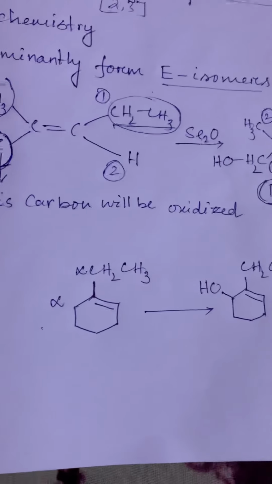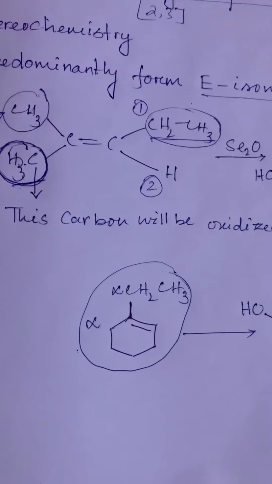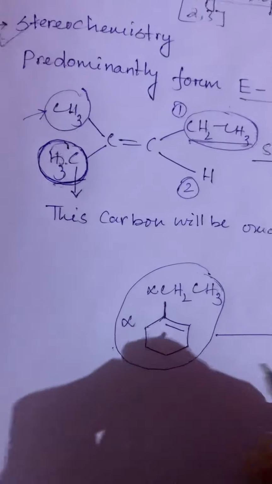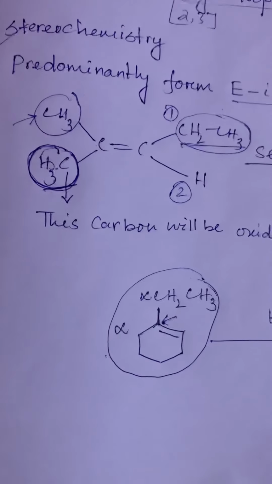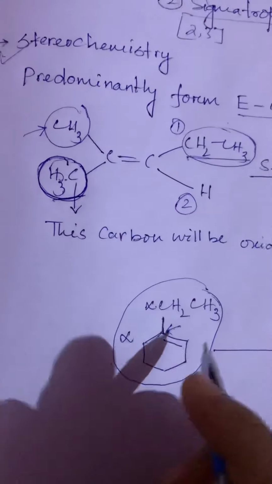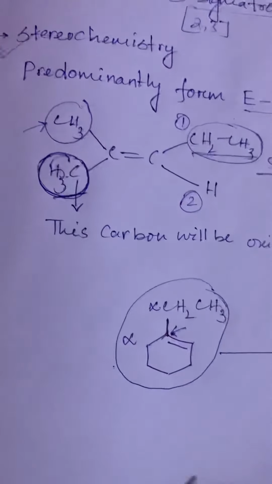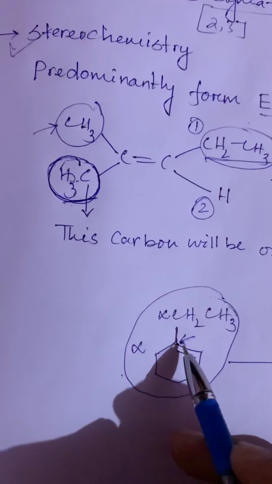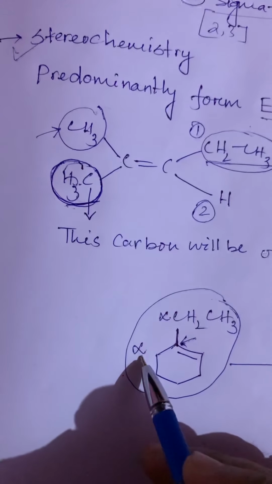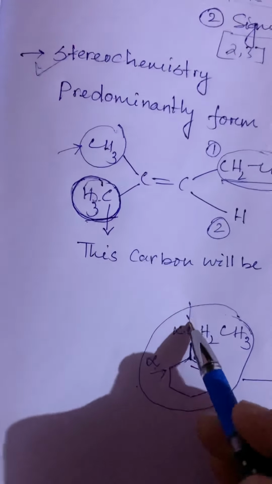Then if you are taking this kind of example, look, this carbon is more substituted. In this double bond this carbon is more substituted, so we are not going to take the other half that is less substituted. Now as you can see here, this is our alpha carbon, that is, this is our allylic carbon, and another allylic carbon is this.